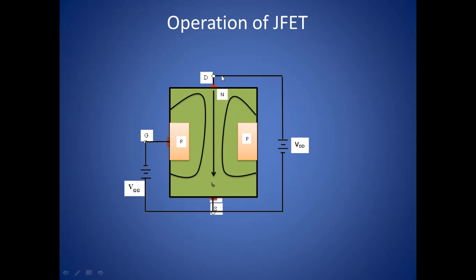It's directed from drain to source. The value of drain current is maximum. This ID is maximum when no external voltage is applied between the gate and the source and is designated as IDSS.